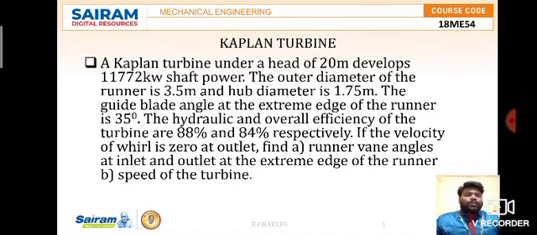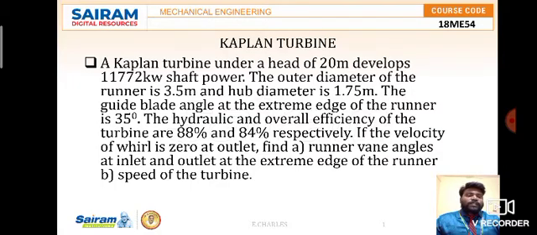The hydraulic and overall efficiency of the turbine are 88% and 84% respectively. If the velocity of whirl is 0 at outlet, find the runner vane angles at inlet and outlet at the extreme edge of the runner. Next, we have to find out the speed of the turbine. So this is the problem given.